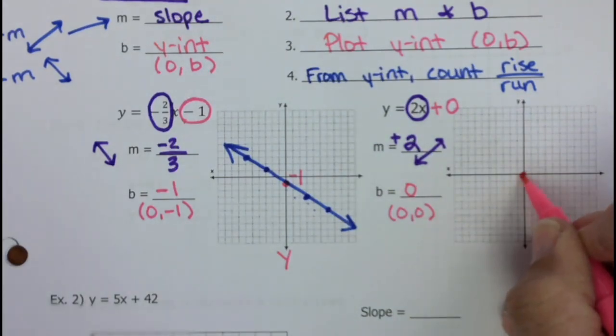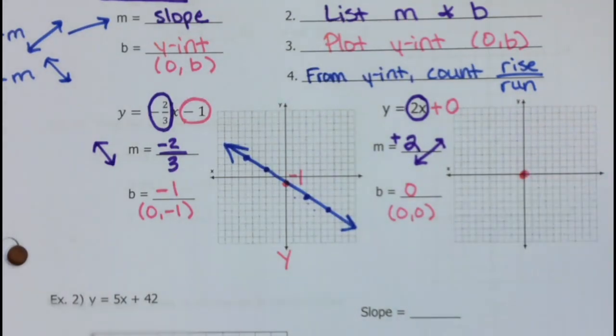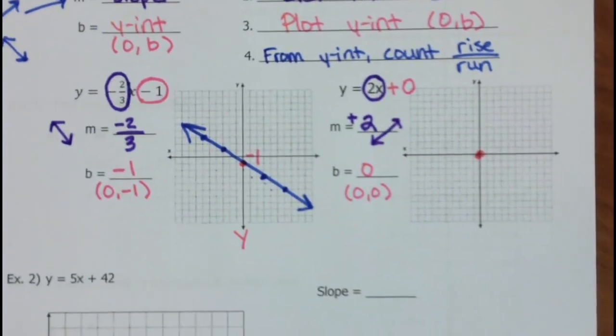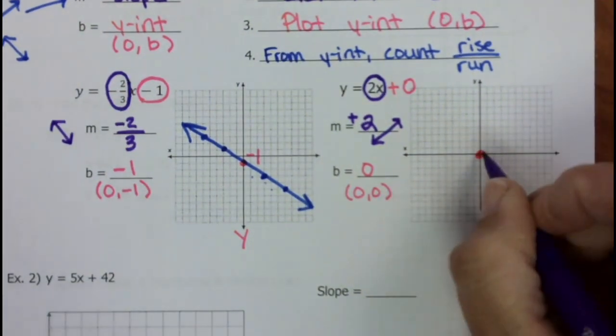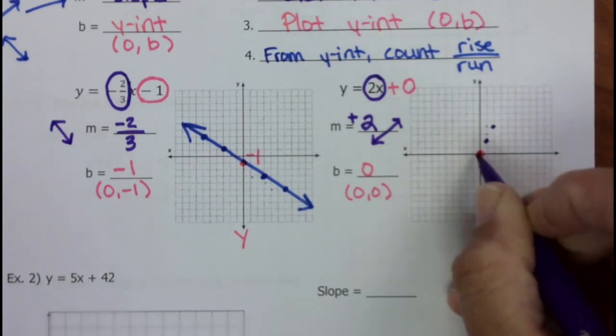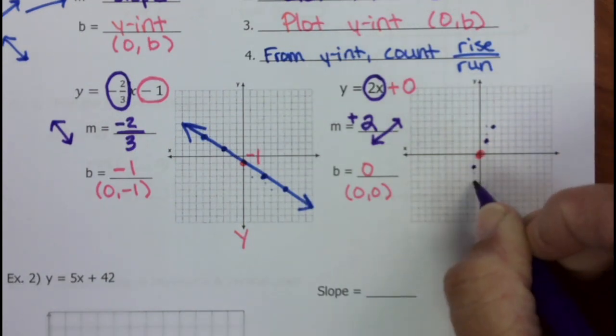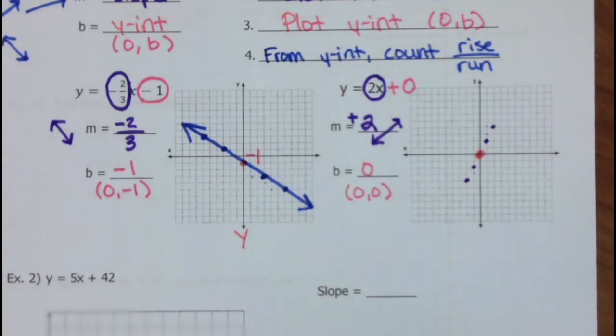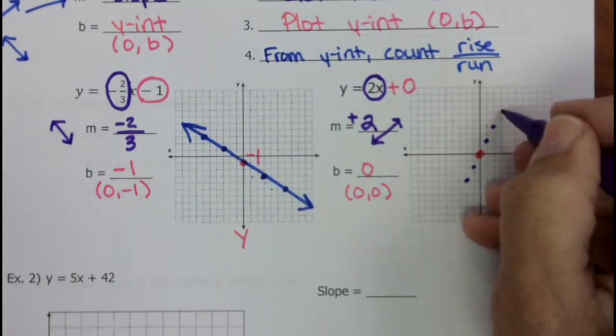Start by plotting (0, 0), and we have a +2/1 slope. So again, up 2 to the right 1, up 2 to the right 1, or down 2 and to the left 1. It should be a fairly steep line, slanted up, or rising.